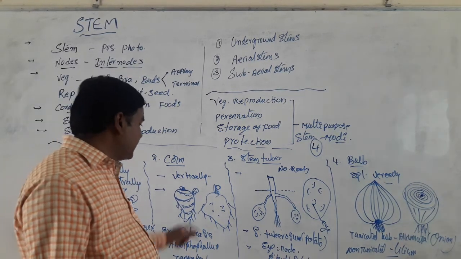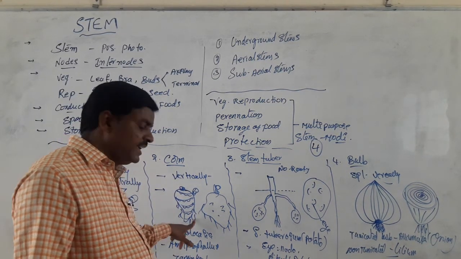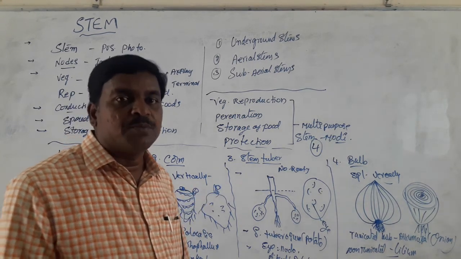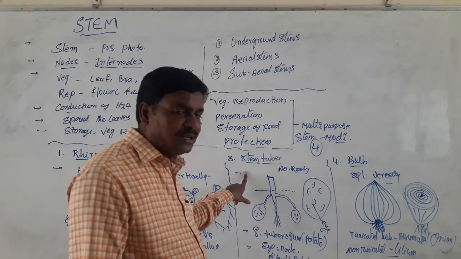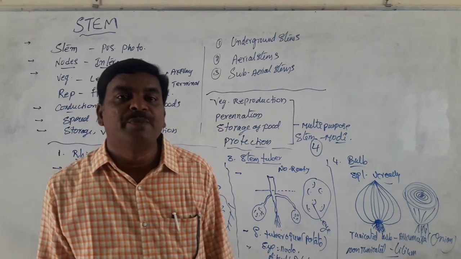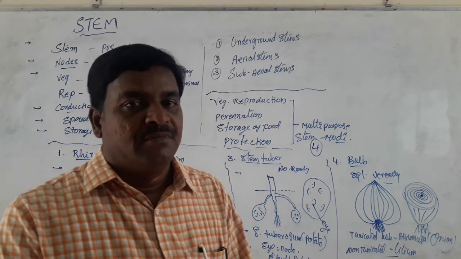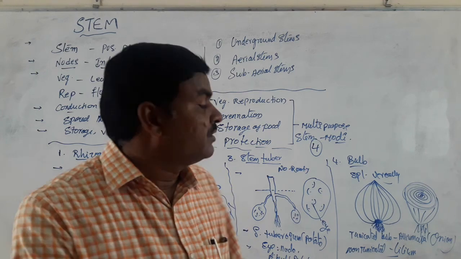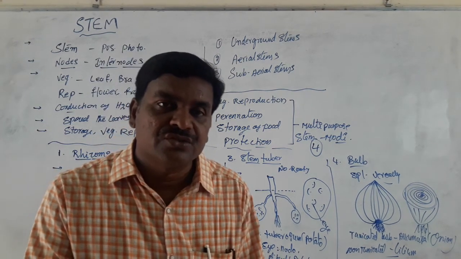The one that grows vertically: corm. The one that does not possess roots: stem tuber. The one that does not store food material inside the stem: bulb. Food is not stored inside the stem; it is stored in scale leaves.